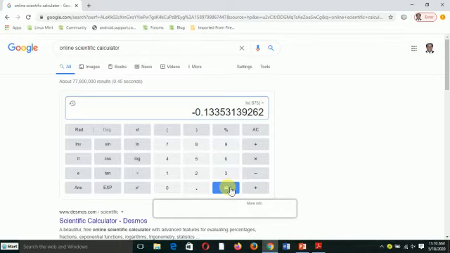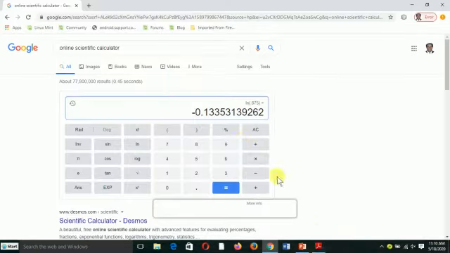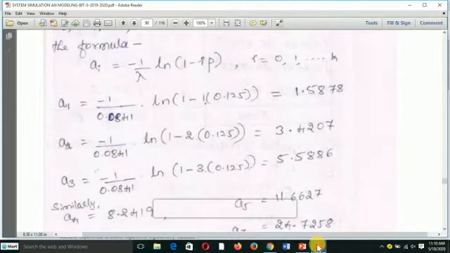This is equal to this one. Then I am going to divide by 0.0841.